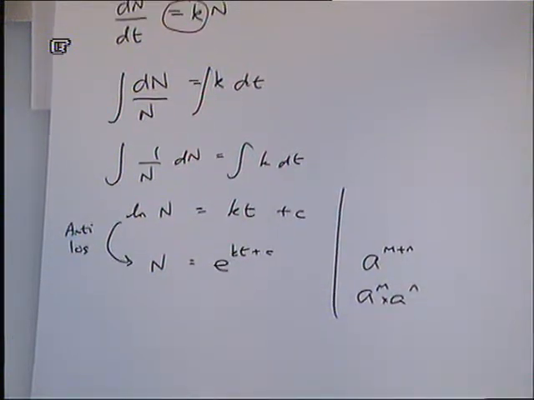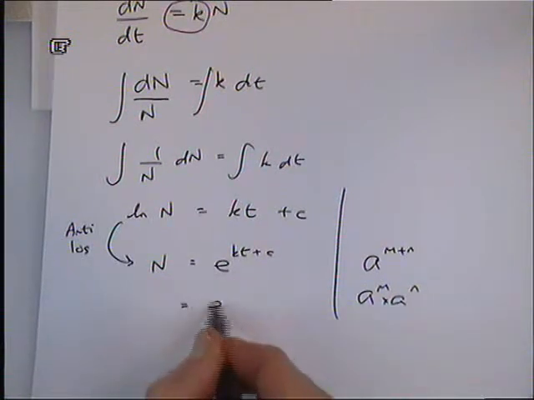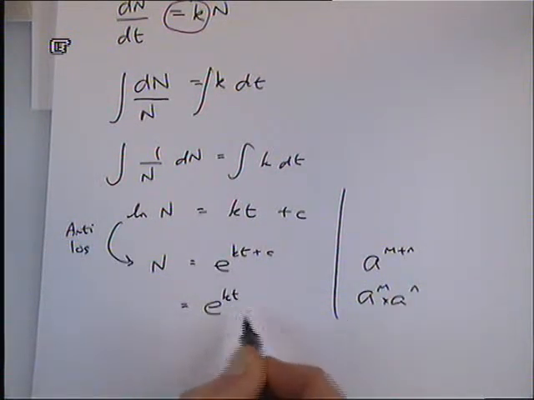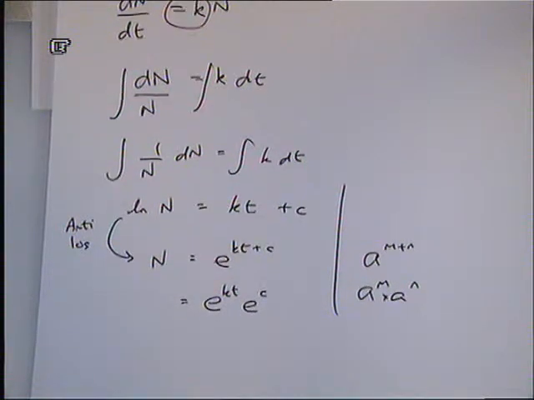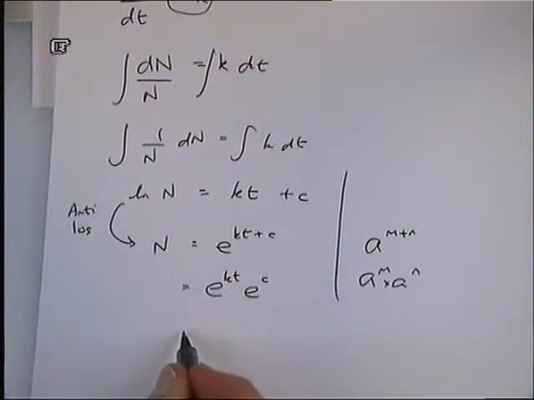Okay? So over here, I can say, well, that's the same as e to the kt times by e to the c. Remember, c is just a number. It's a constant. So e to the c is also just some number.